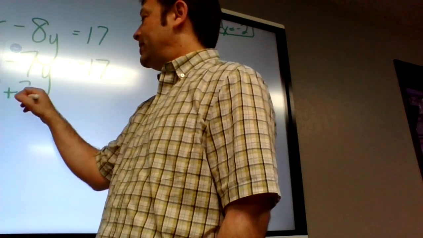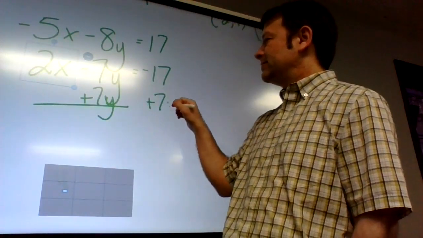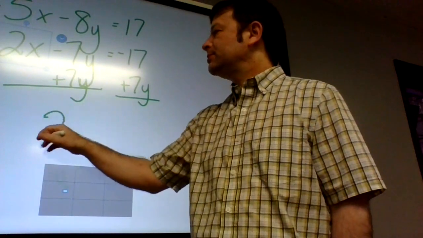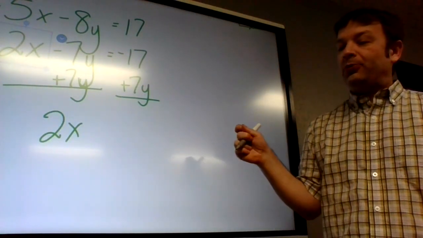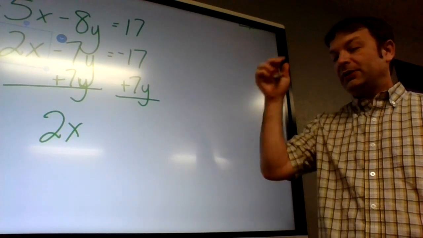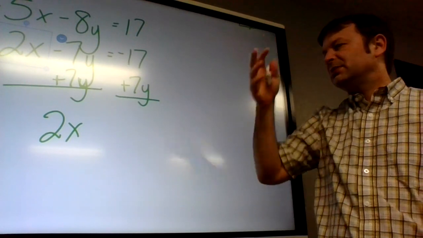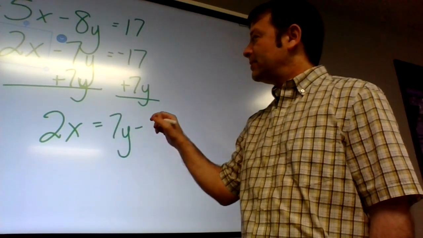So I'm going to add 7y. You don't really have to do that on 20. On 20, you can get that top y by itself pretty easy. You just add 2x and divide by negative 1. Anyways, okay, so we have 7y minus 17.